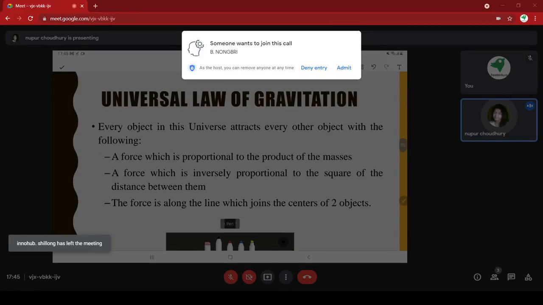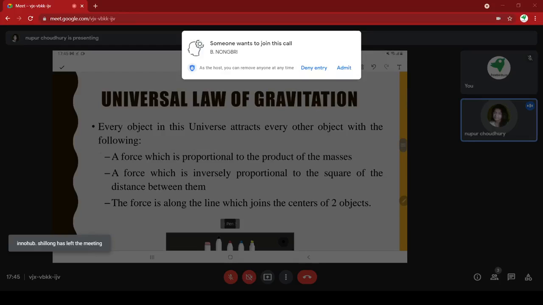Suppose I have two objects, M1 and M2. So the first point is that F is proportional to the product of the masses.